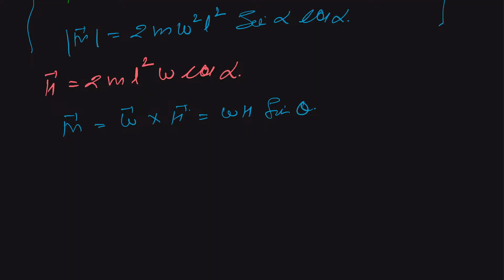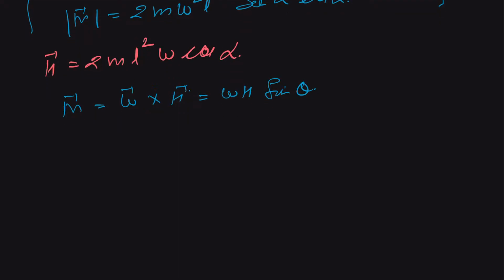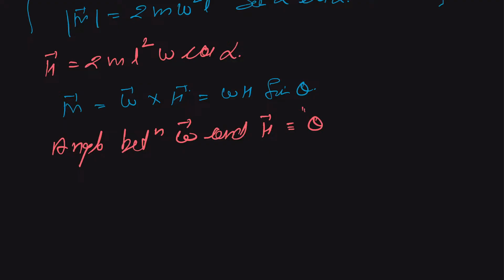And so we are going to find out the value of our theta. So we can say that angle between our omega and h, which we denote as our theta.